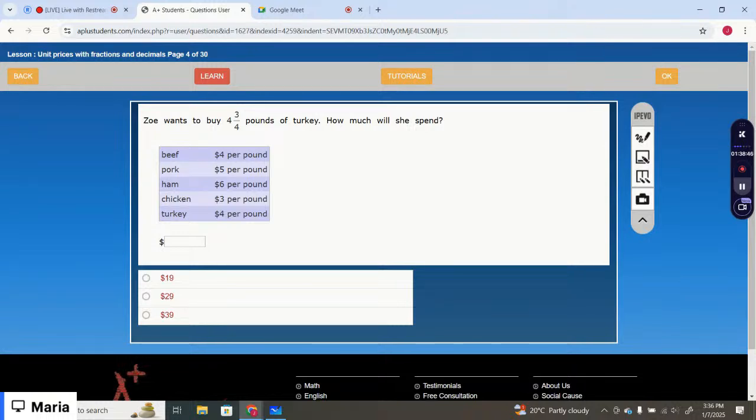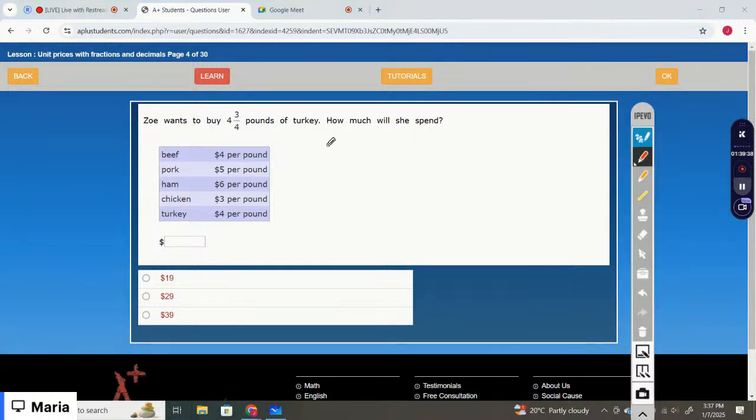Zoe wants to buy 4 and 3/4 pounds of turkey. How much will she spend? Which is the correct option? 4 times 4 is 16, and 3 is 19, so 19 over 4.